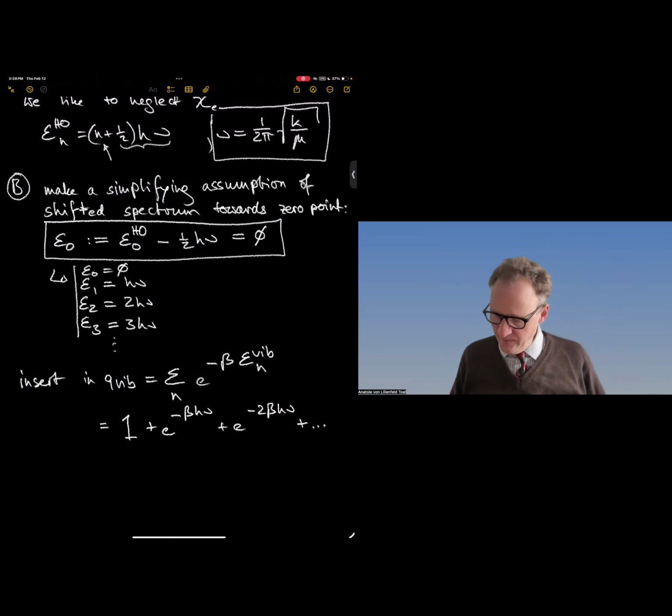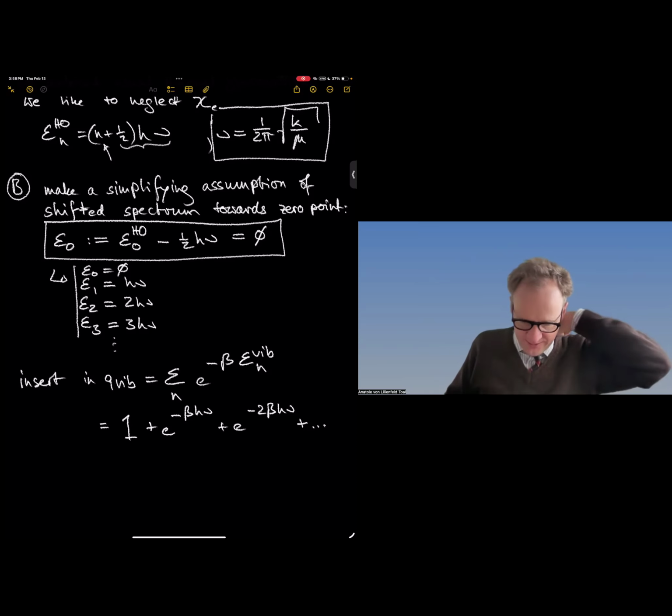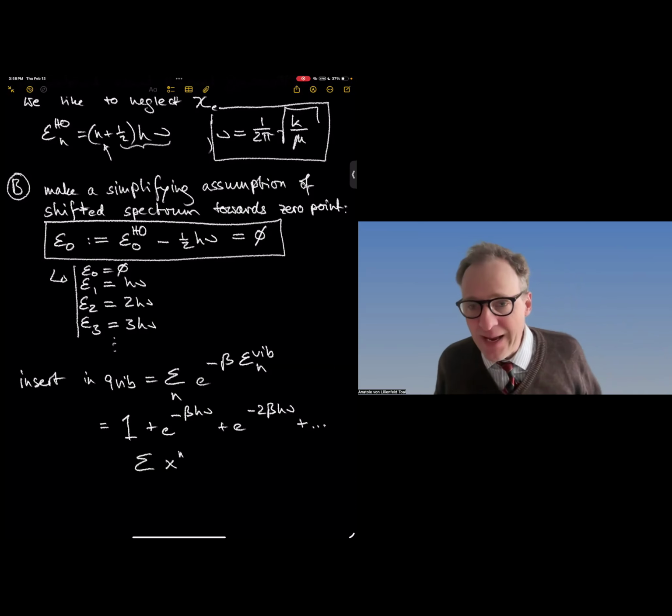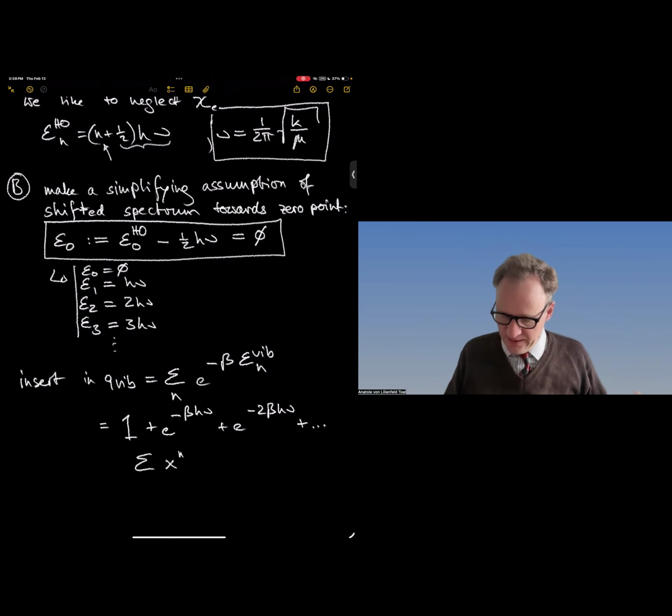And so you see that in general, what we have is a function that goes like this sum, right? I have some x, that would be e, and some exponent n, right? So this is a geometric series.